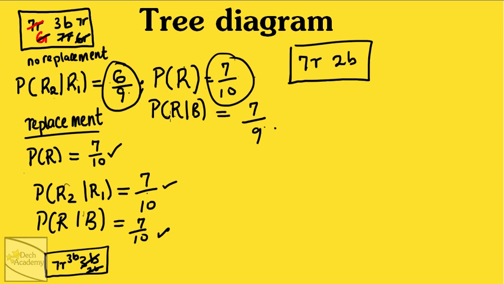So the probability of picking a red ball in this case depends on whether a blue ball or a red ball has been chosen already. In the second scenario, the probability of picking a red ball is always the same regardless of what has happened before, because there's a replacement of the balls. So this is a good way to remind you of the idea of conditional probability: the probability of an event varying or not based on whether other events have occurred in the past.